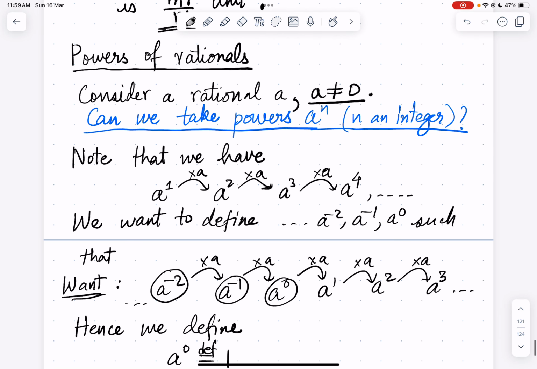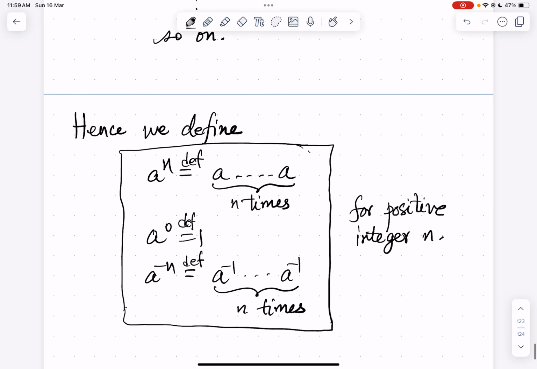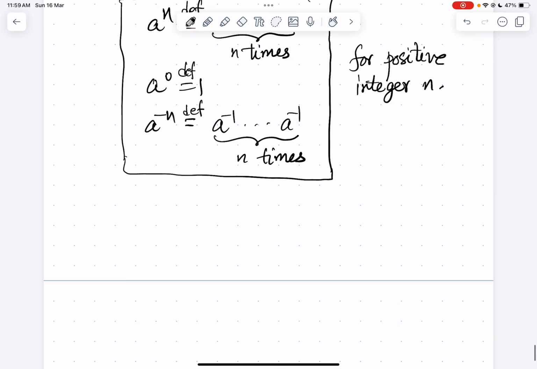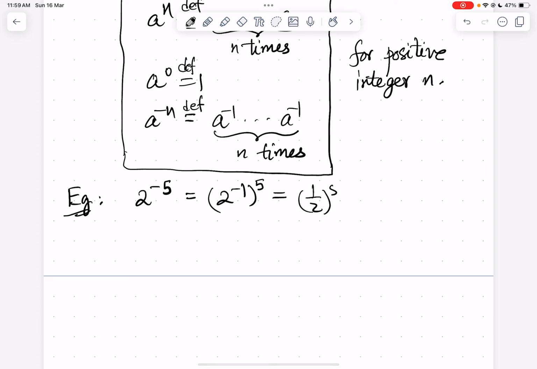So can we take powers a power n where n is any integer? Yes, we can. An example: 2 power minus 5 is by definition the multiplicative inverse of 2 multiplied 5 times. This is 1 by 2 power 5, 1 by 32.